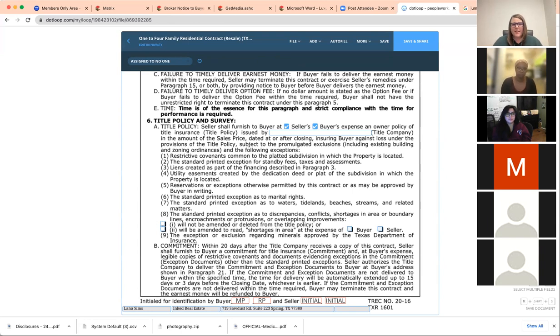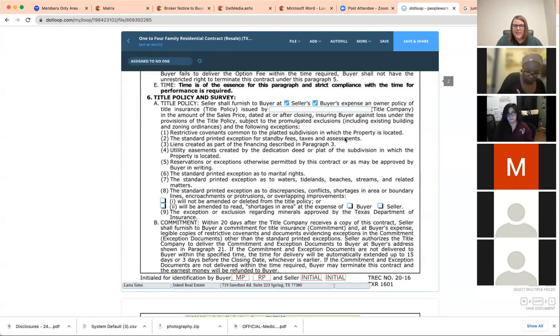The title company doesn't just automatically know that this means they're splitting the cost. So if you're going to negotiate that, you have to put that in writing somewhere else. I've seen that a few times lately, so I want to point that out.